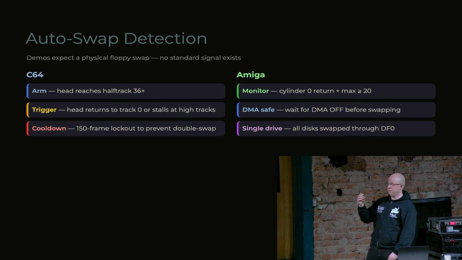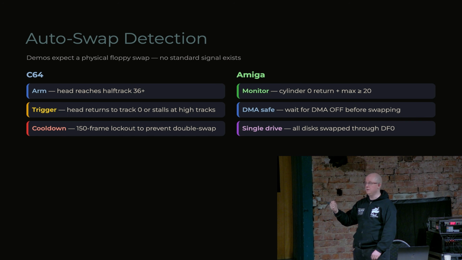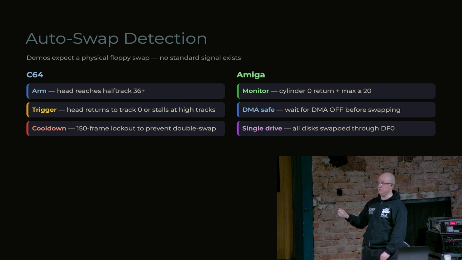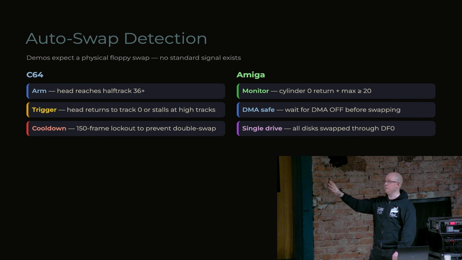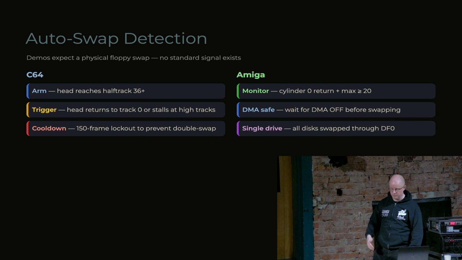One approach is monitoring what's happening on the drive: if the demo is trying to read the same track over and over, it's likely a hint that it might be looking for the next disk. But this is a research thing I'm working on. I have it working for some demos, but for others it doesn't work, so I think I need to figure out something a bit more lenient, but at the same time it should not break. The idea is that you should be able to just run demos without needing to think about this.